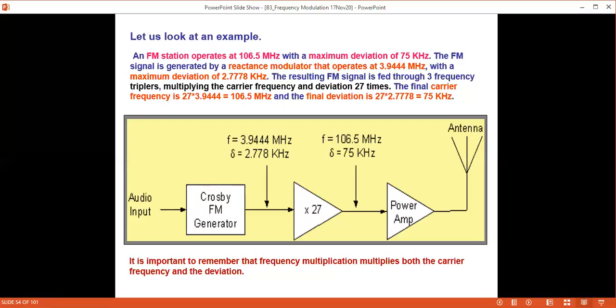So it's called a doubler or tripler, and then these doublers or triplers will be combined in order to increase the factor. Okay, for example, this factor 27 can be produced by using 3 frequency triplers in series. So it's 3 times 3 times 3 equal to 27. Okay. All right.